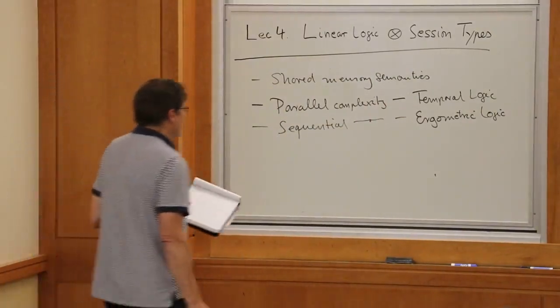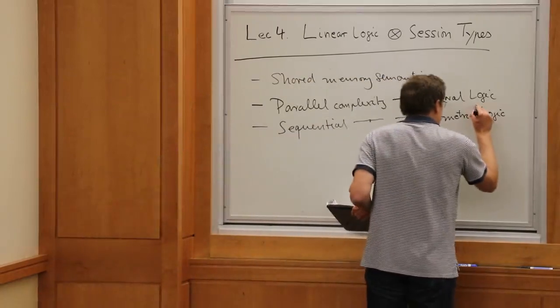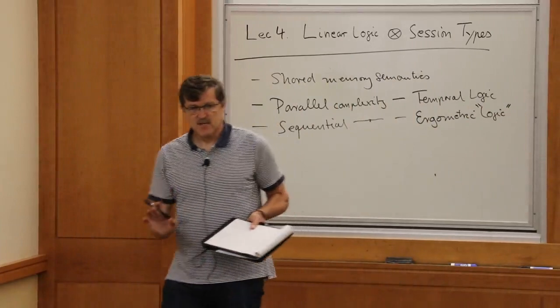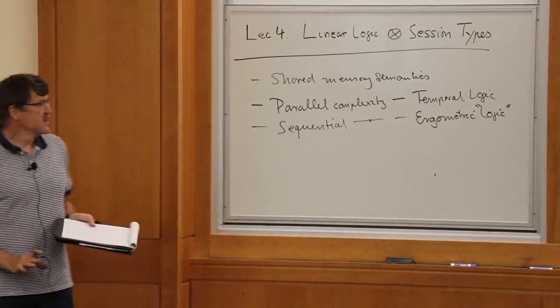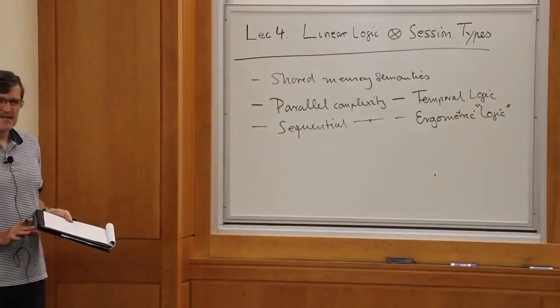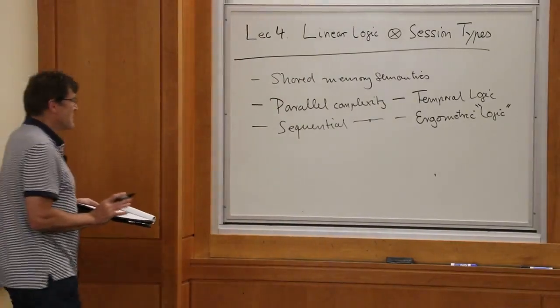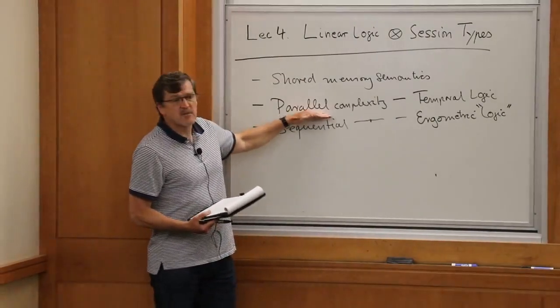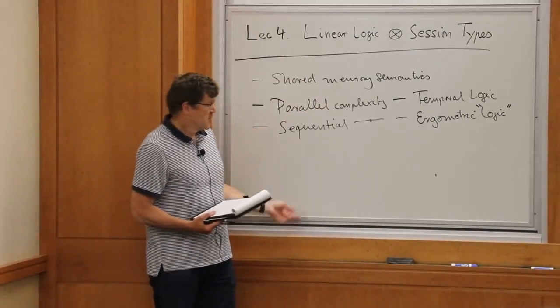Actually, I should put logic in quotes here because I'm not really sure yet if it's a logic. It's a type system, and that works, but I'm not sure that it makes sense without the programs. Because if you don't run anything, how much does it cost? It's not obvious right now. But anyway, you can measure the sequential and the parallel complexity of your code using these things.